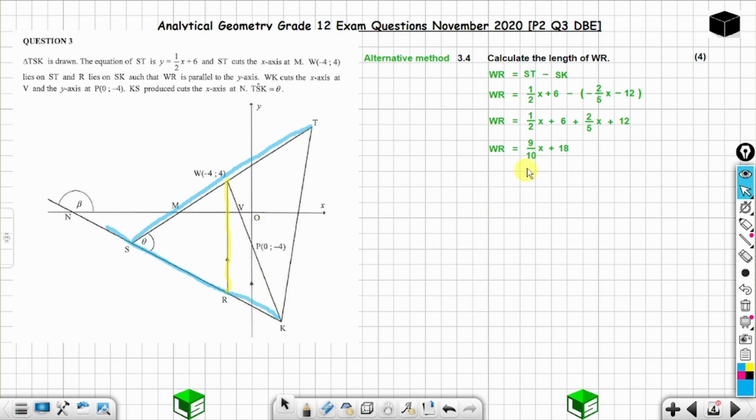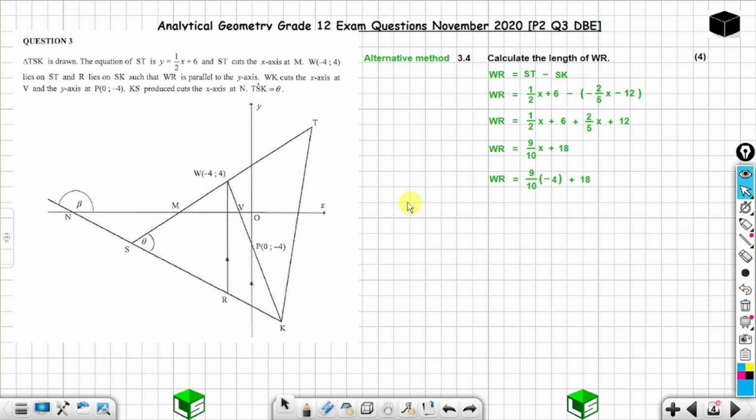Now to find the length of this line, we are going to plug in the x value, which is -4. You're going to plug in -4. So WR is equal to 9/10 times x, where x is equal to -4, plus 18.